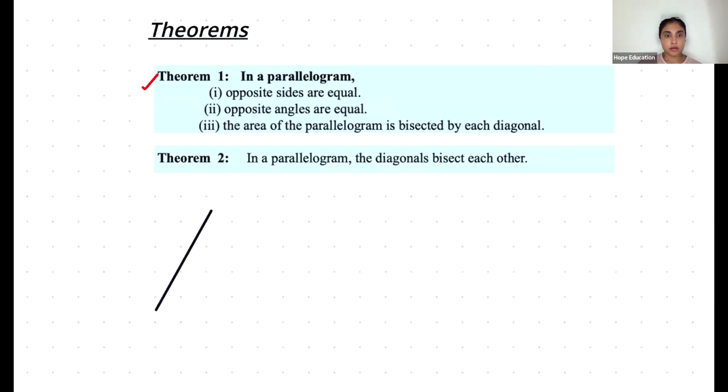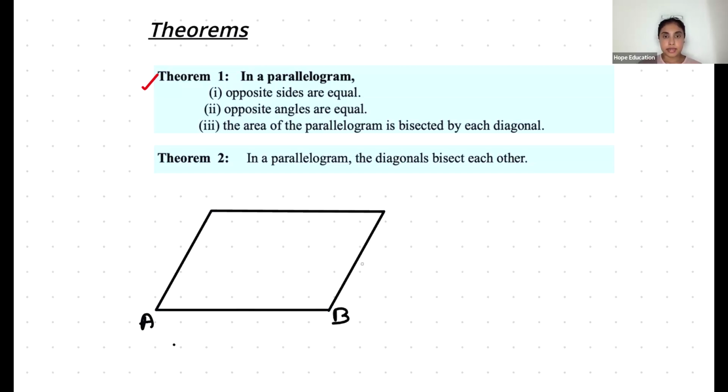So, theorem 2. A, B, C, and D. And this is a parallelogram, so opposite sides are parallel.